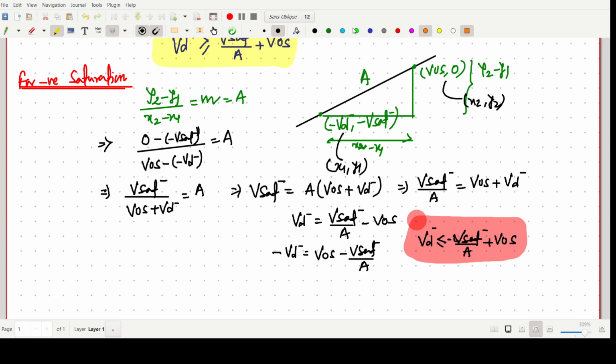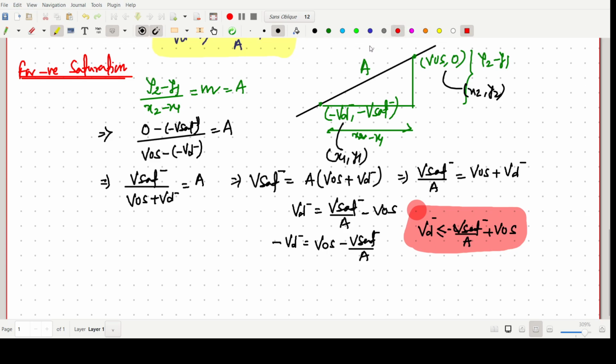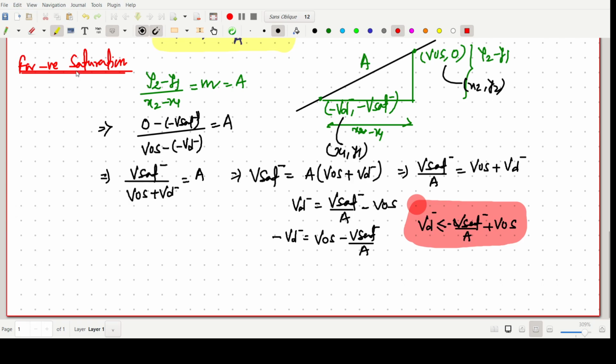Now we have to do the linear region operations. So I am writing here, for linear region, it is very easy. What we have to do?